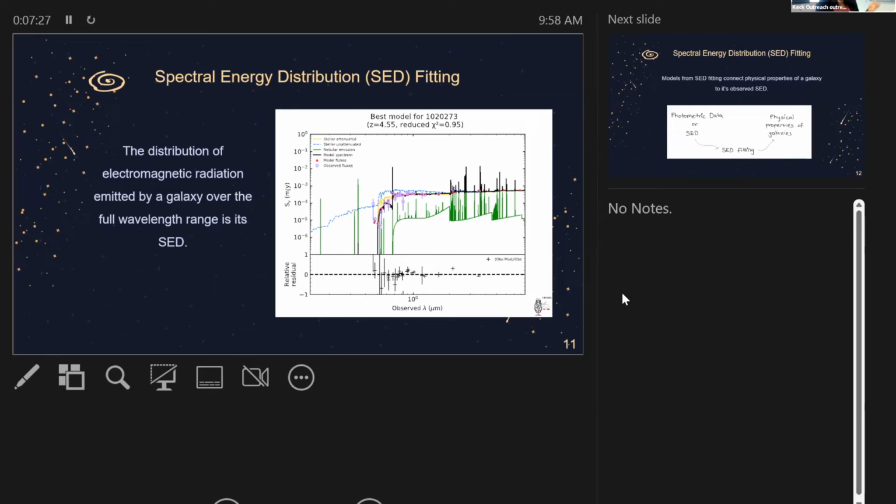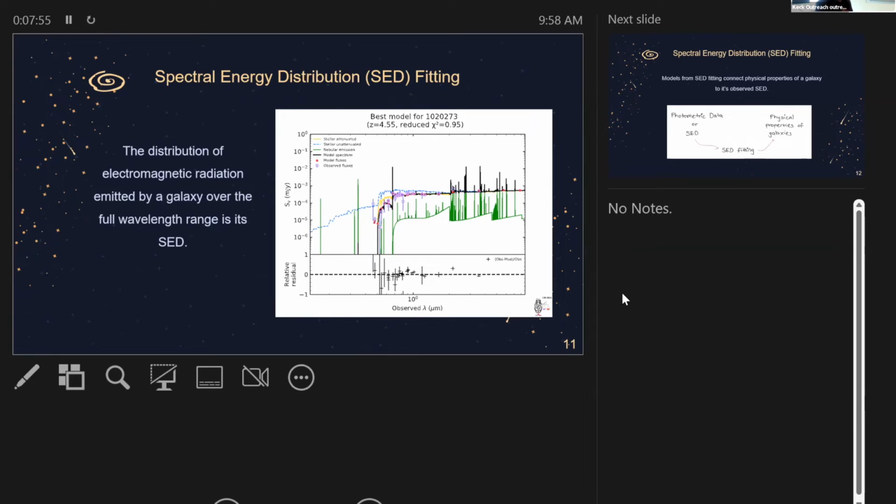So now we have our data, we have the region, and we want to look at the star formation rate of these galaxies. One of the most efficient and best approaches at high redshift to do this is using SED fitting, where SED stands for spectral energy distribution. It is the distribution of electromagnetic radiation that comes from galaxies across wavelength. So in this plot, this black line here is the spectrum of a galaxy at redshift 4.55.